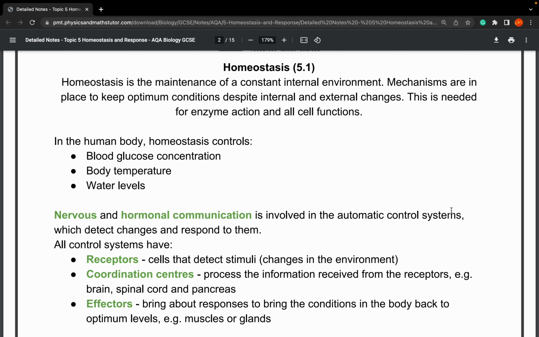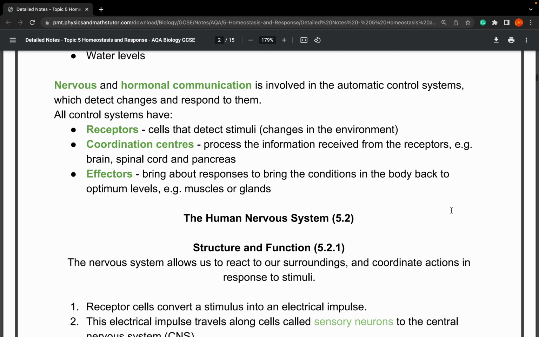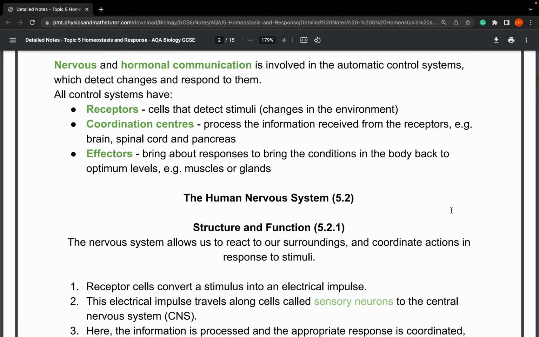Now they are going to discuss this topic under various headings. The first one is nervous and hormonal communication. Nerves conduct impulses from one place to another. For example, if you want to take a tumbler or a glass, you think, and from the brain the instructions go by the nerve to the fingers and hand, and you take the glass.